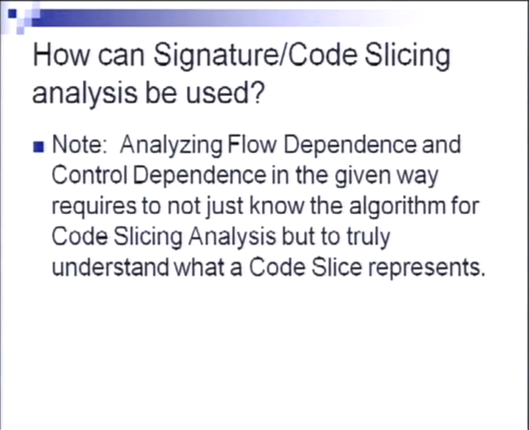Note, analyzing flow dependence and control dependence in this way requires not just knowing the algorithm for code slicing, but truly understanding what it represents. You also need an understanding of what the malicious code is intending to do.